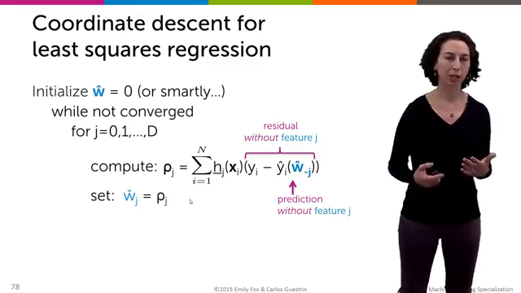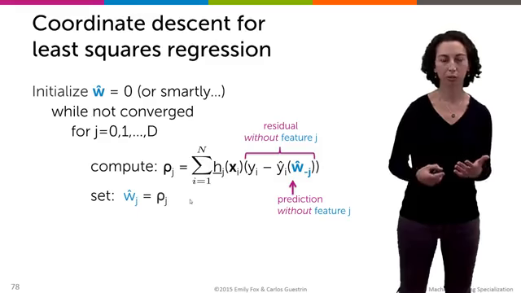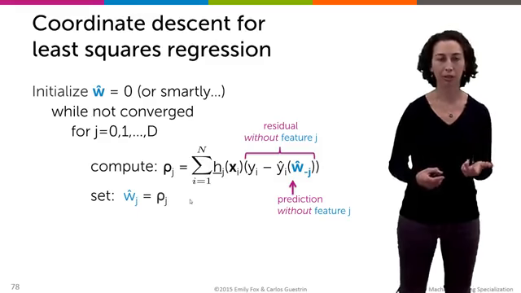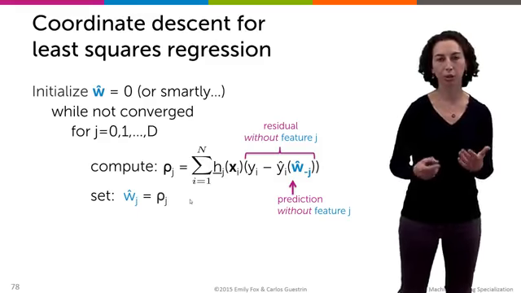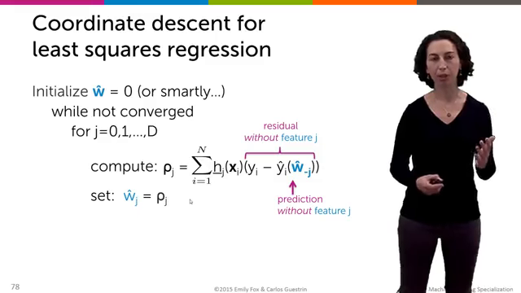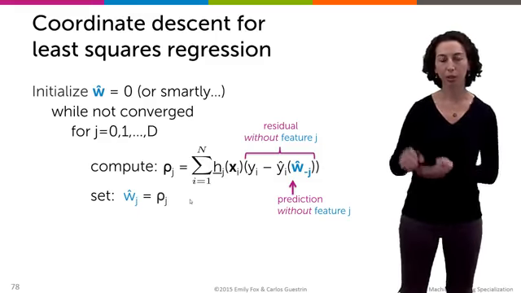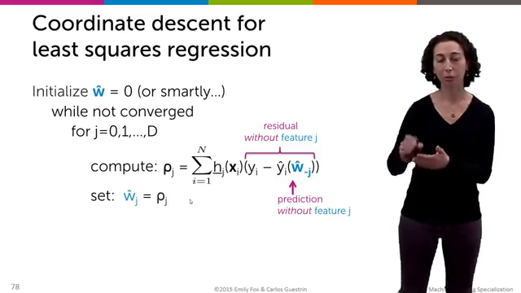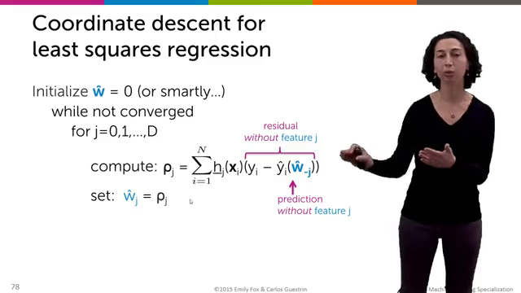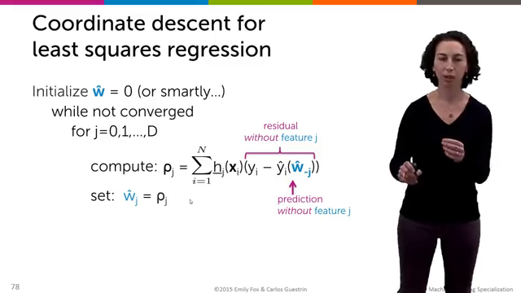So let's discuss this rho j term and give a little intuition behind why we're setting w hat j equal to rho j. Well, what rho j is doing is it's a measure of the correlation between our feature j and this residual between the predicted value, where remember that prediction was formed excluding that jth feature from the model, and the true observation.